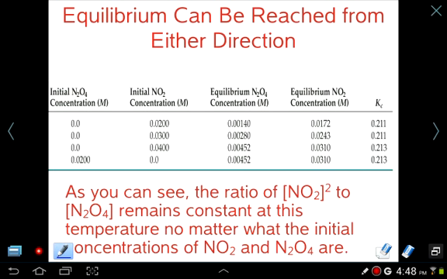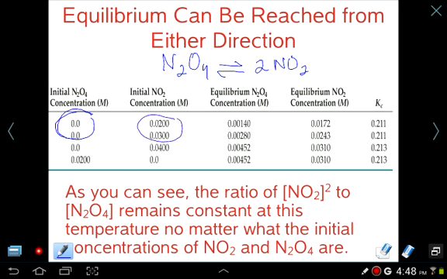So what they show you here is that if your initial concentrations are 0 for the reactants, this is, if you remember, our initial equation, N2O4 in equilibrium with 2NO2. So NO2 is actually our product. Notice we're not starting with any reactant at all, we're starting directly with product.